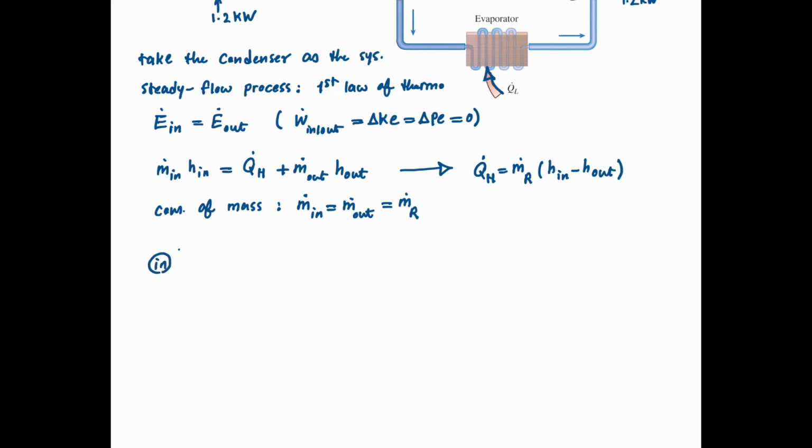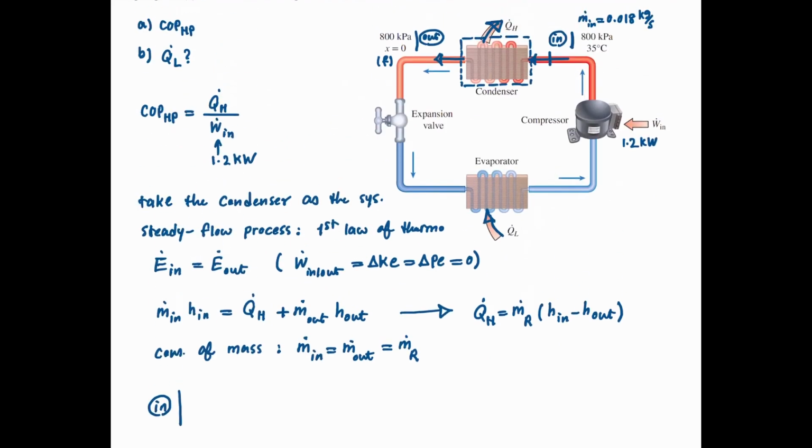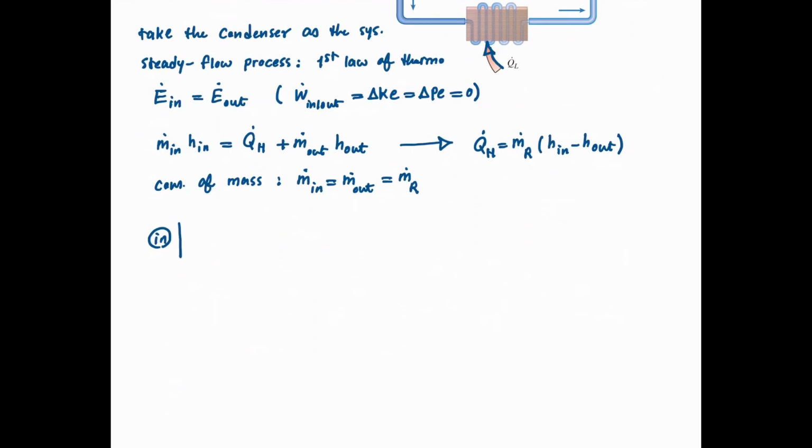Input to the condenser. Pressure and temperature are both given. Pressure is 800 kilopascal and temperature, let's call it in, temperature is 35 degrees C. So we need to determine the state. I'm going to go to table A12, pressure table for refrigerant.